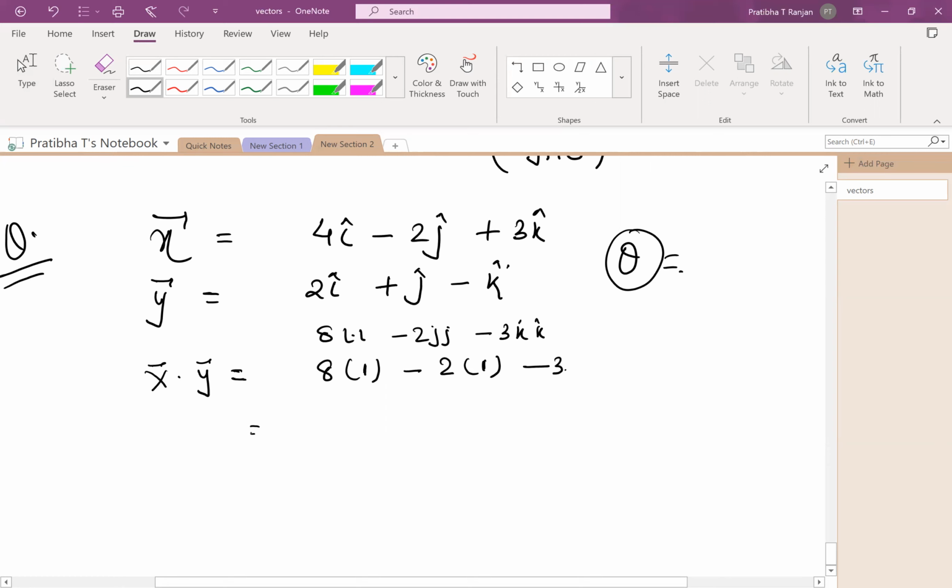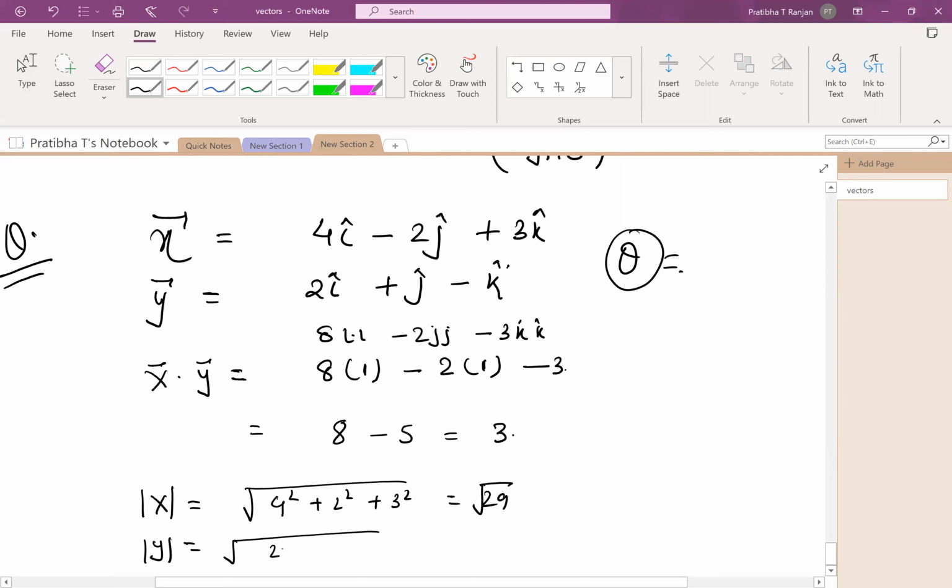So it will be 8 minus 2 minus 3, that is 3, right? Now you have to find the magnitude of x, so it will be root of 4 squared plus 2 squared plus 3 squared, that is 16 plus 4 plus 9, which is 29. And y will be 2 squared plus 1 squared plus 1 squared, so 6.